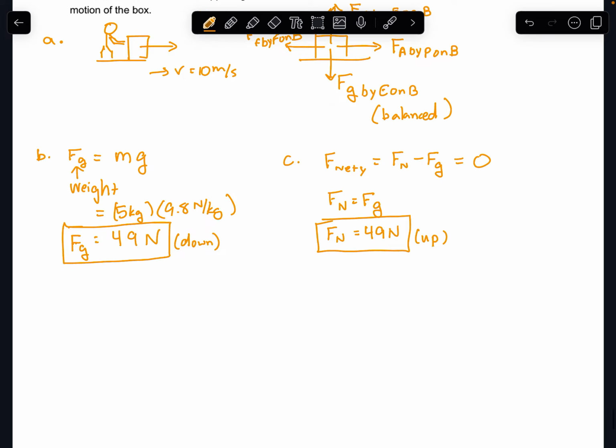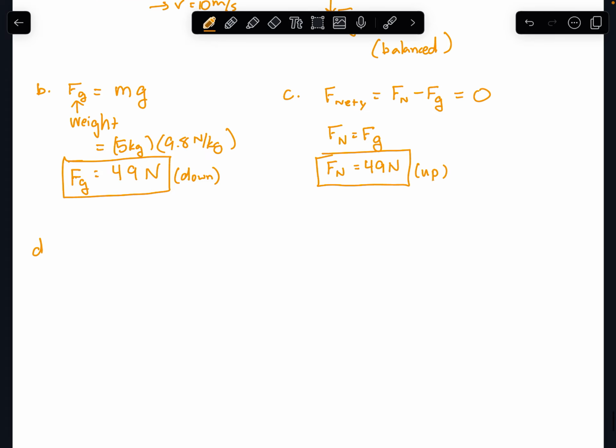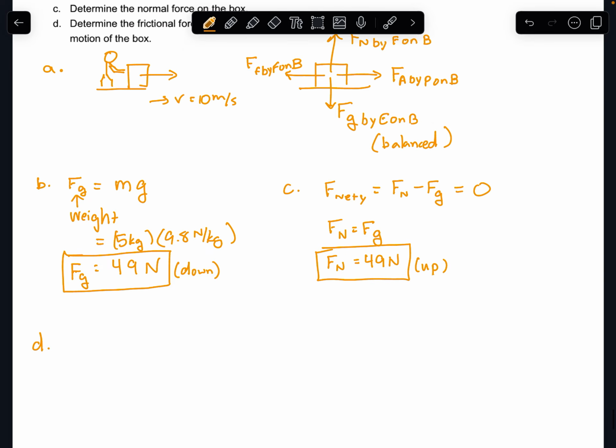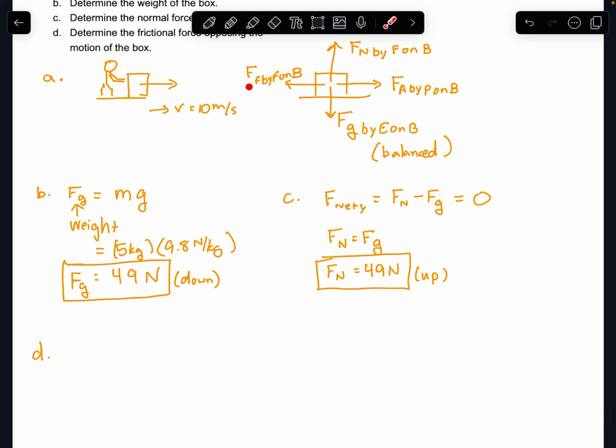Part D, determine the frictional force opposing the motion of the box. Frictional force is here, so I'm going to write F net in the x direction is the applied force minus the frictional force, and that equals 0. Because the forces are balanced, this minus this equals 0.